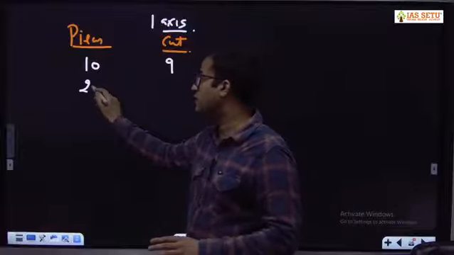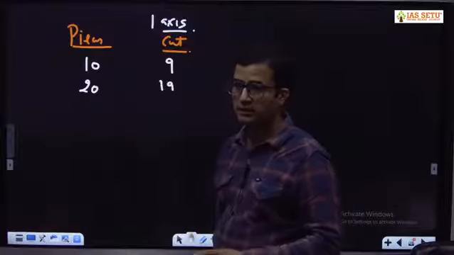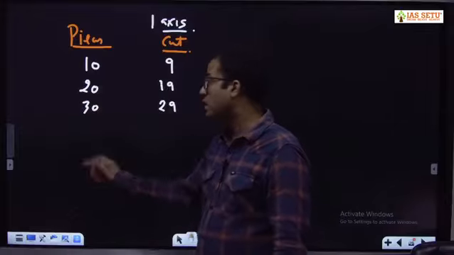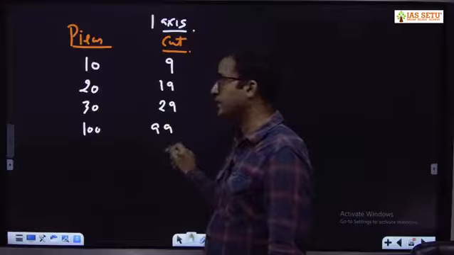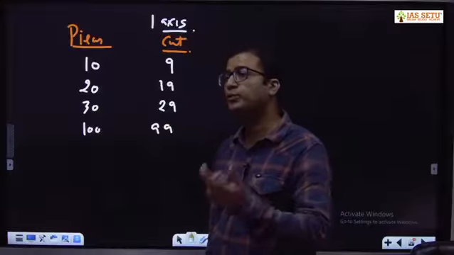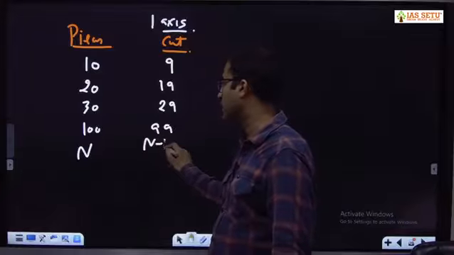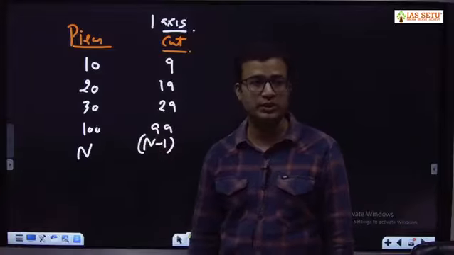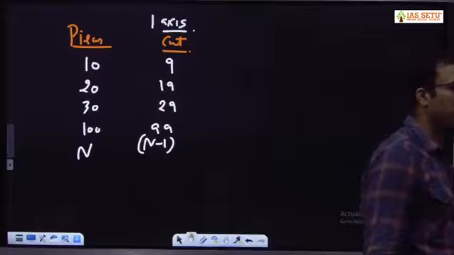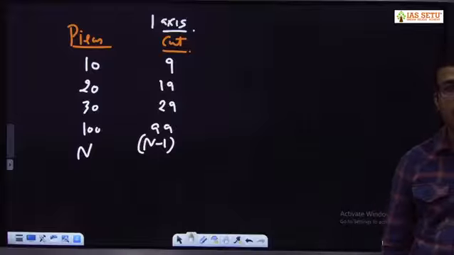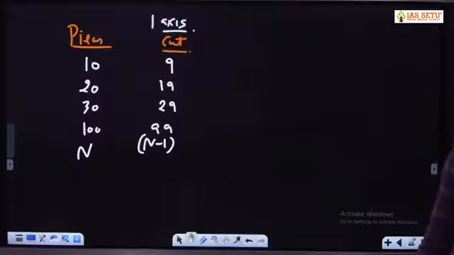If there are 20 pieces, that requires 19 cuts. 30 pieces require 29 cuts. 100 pieces require 99 cuts. Cut to pieces we add 1. If there are n pieces, the number of cuts is n minus 1. It goes in reverse. Cut to pieces we add 1. Pieces to cut we subtract 1. N pieces require n minus 1 cuts.